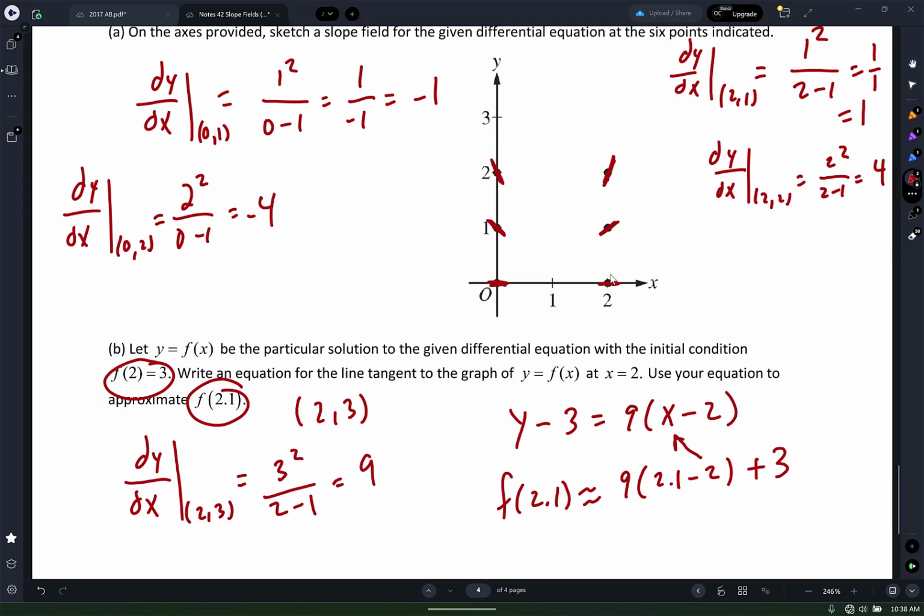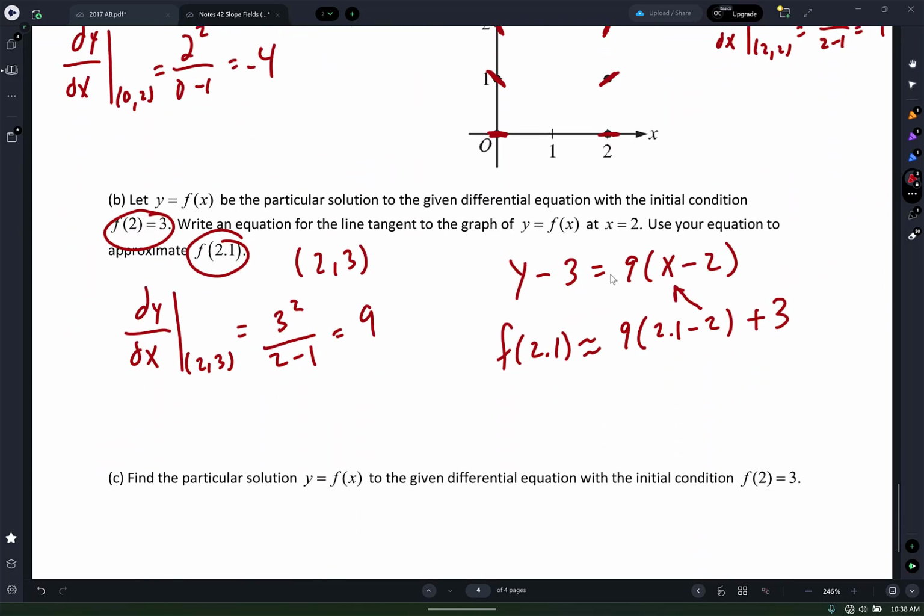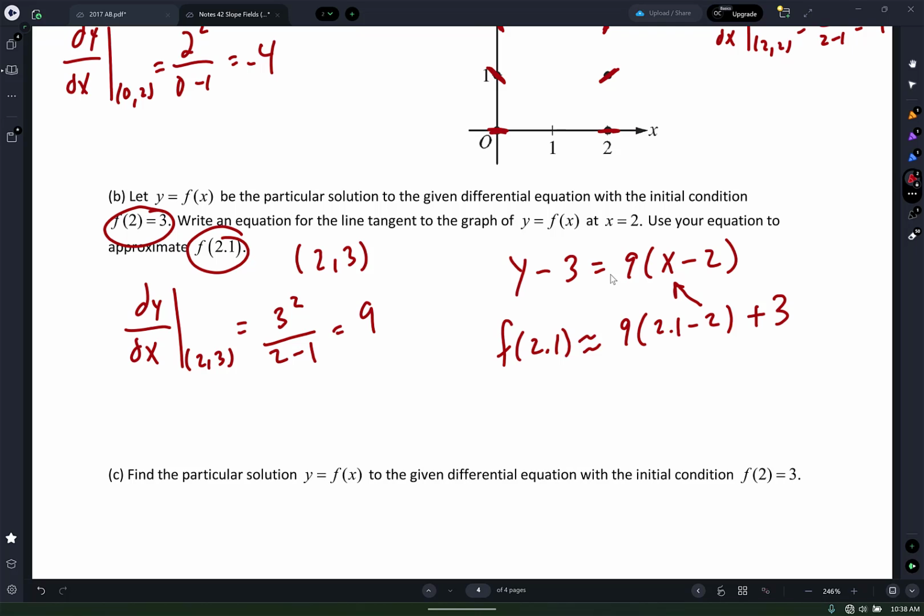Do I have a calculator or no calculator? Okay, if you are scared, can you leave it like that? Yes, I encourage you to be courageous, but if you are scared because you just want the points, you can leave it like that, but I encourage you to keep going. So let's see, 9 times 0.1 plus 3. 9 times 0.1, I want to say that's 0.9, and then plus 3, so that's going to be 3.9. There's my answer.